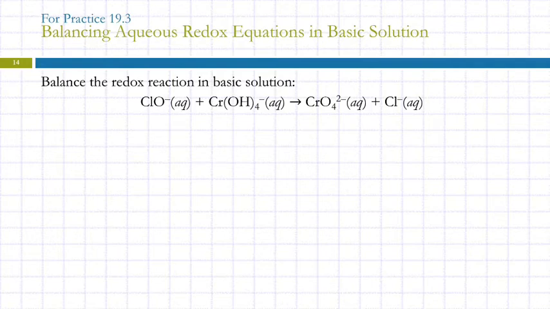So balancing a redox equation in basic solution. We're going to do the half reactions. And you should be able to look at these and identify that these two go together. They both have chromium in them. And this one goes with that one. They both have chlorine. And so that's how you decide what's in the first one and what's in the second one.